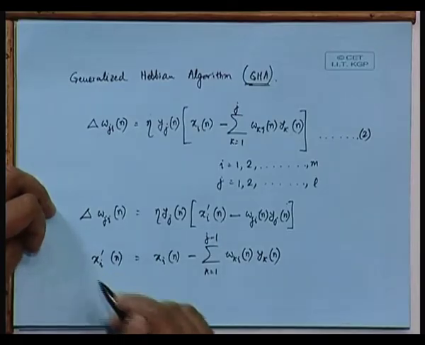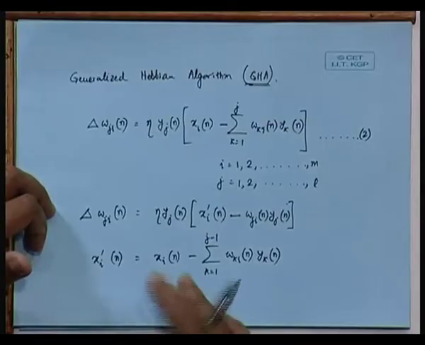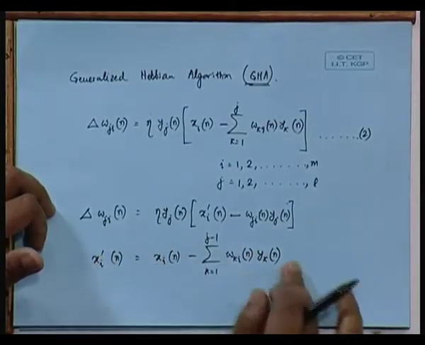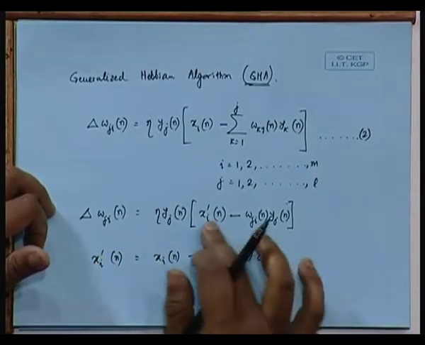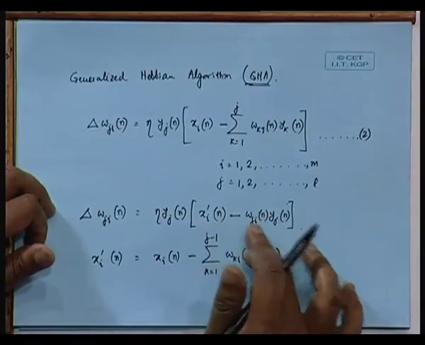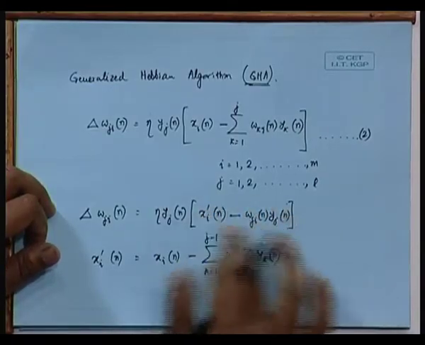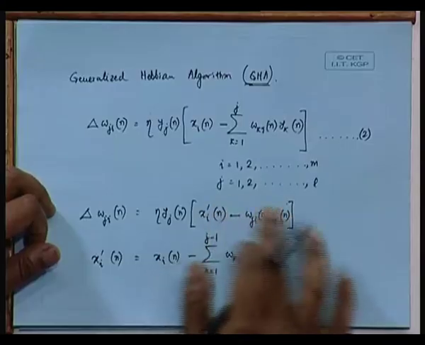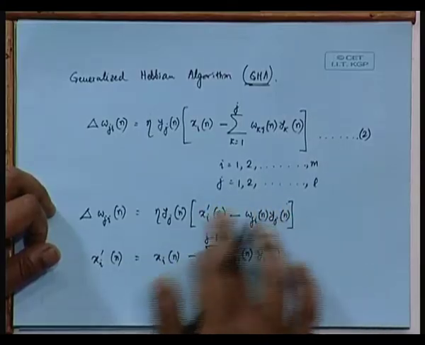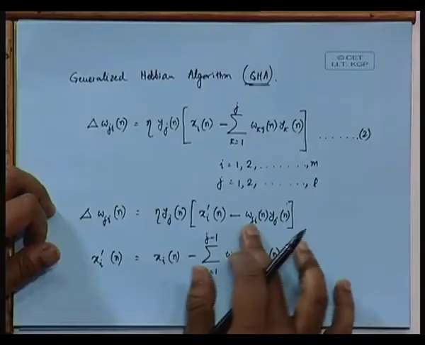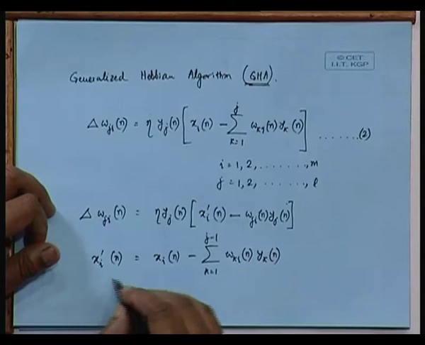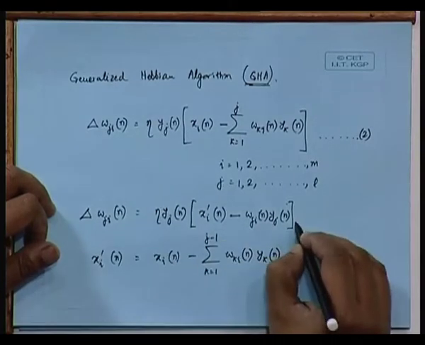And in fact, this itself is acting as the modified input, so to say: xi'(n) minus wji(n) yj(n), this entire term that we have written within this square bracket is basically serving as the modified input term. So, we can rewrite this equation.